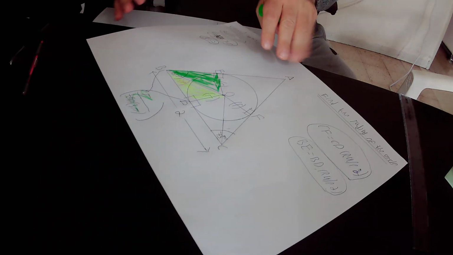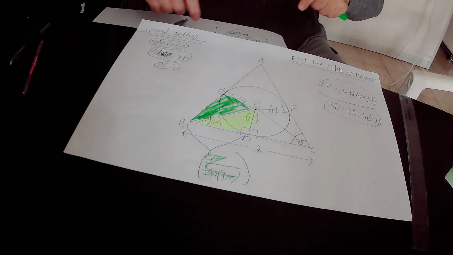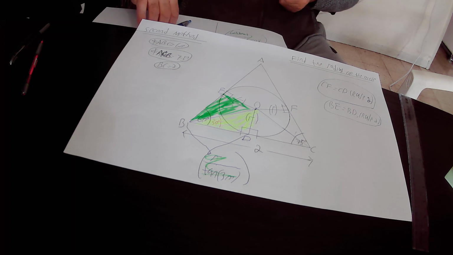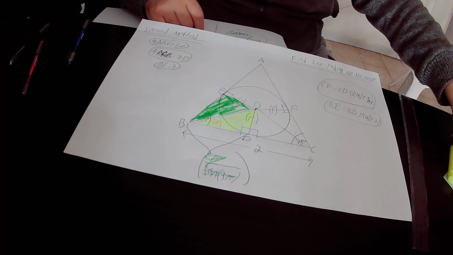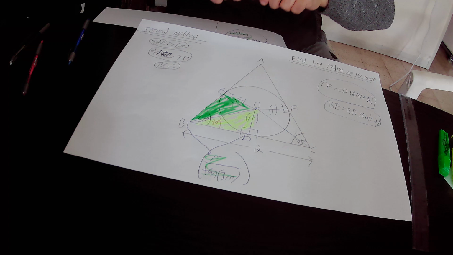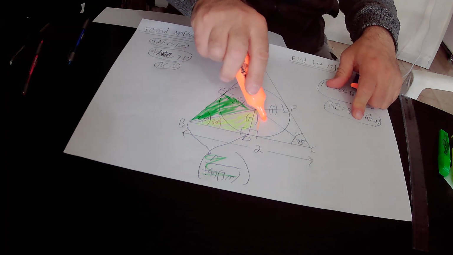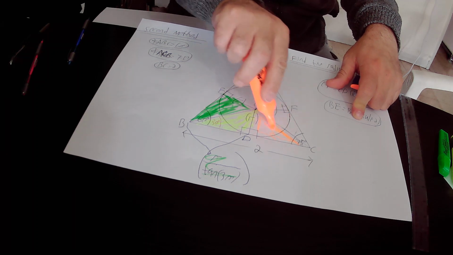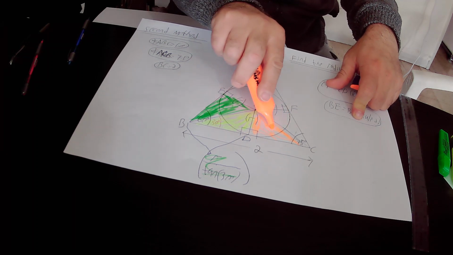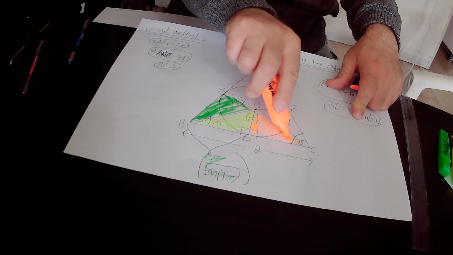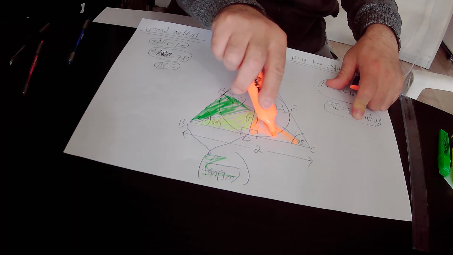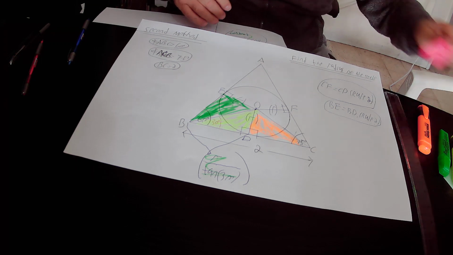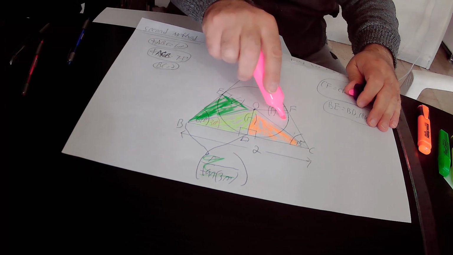So we repeat the same process on those two right triangles. That is to say, we prove that the orange right triangle ODC is congruent to the pink right triangle OFC.